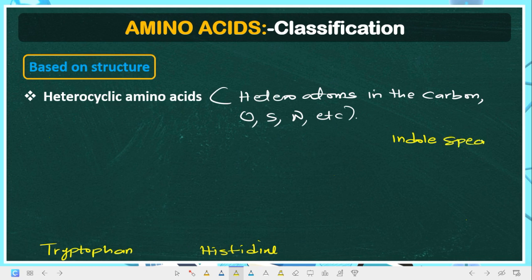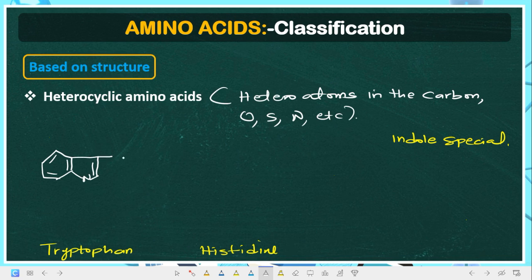Now, what is indole? Indole is drawn like this. You have your normal benzene ring, which is drawn like this. Pardon my drawing. And then you have another group which comes this way, then N, and then you have something like this. Now, this is the indole functional group.